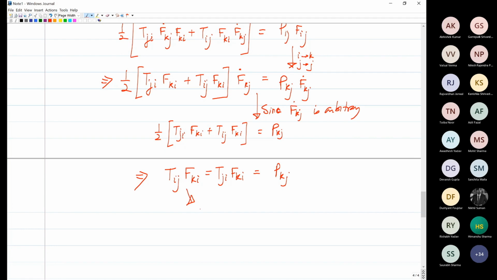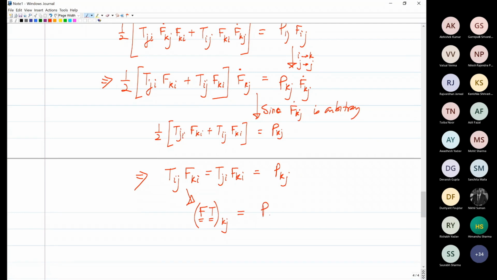Can we say that this is the same as F into T, and then we take the kj component? F into T and take the kj component.